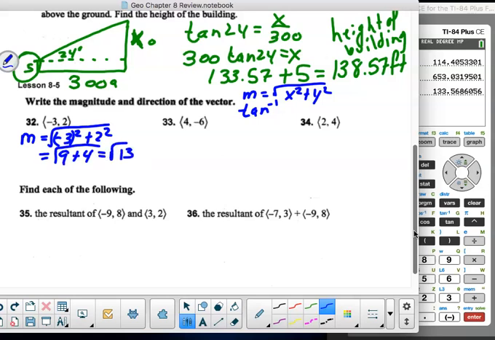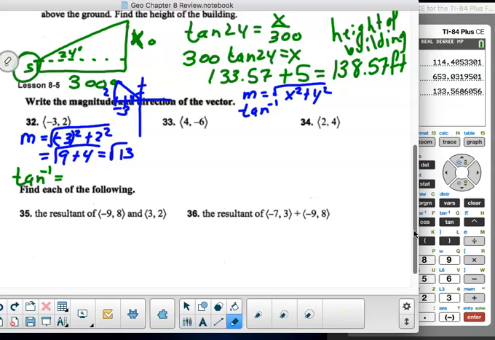Now for the inverse tangent. If I look at this, I go down 1, 2, 3, and up 2. I know that's negative 3, but we're talking about the tangent, this angle, opposite over adjacent. So the inverse tangent for my direction is 2 over 3.